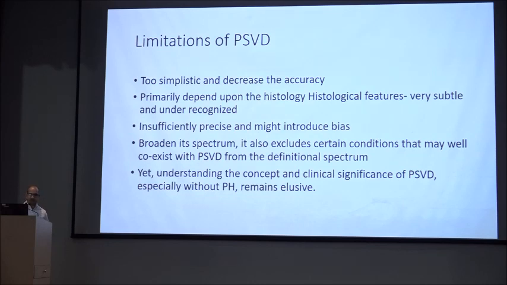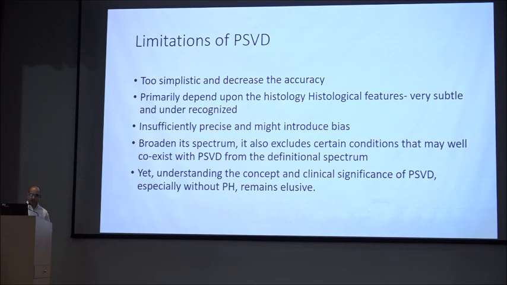The PSVD has its own limitations: it is too simplistic and it decreases the accuracy of the diagnosis. Primarily, it depends upon the histology, and in histology itself, the features are very subtle, and they may not be recognized very well by inexperienced pathologists or those who are not working in the field of liver pathology.